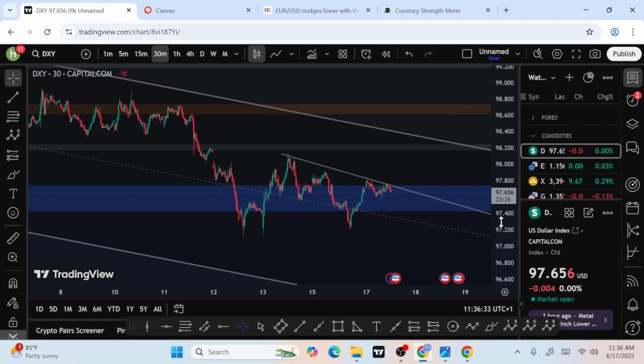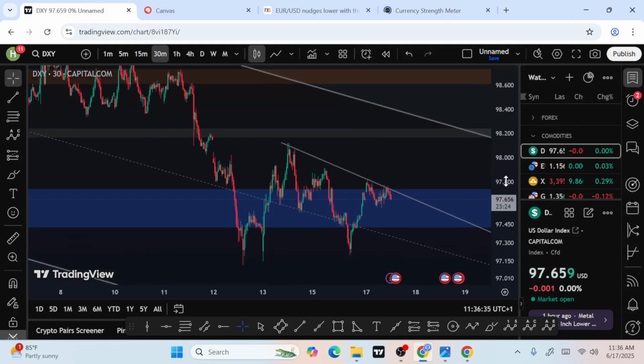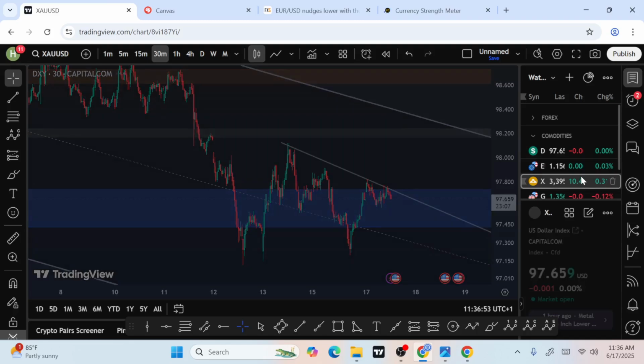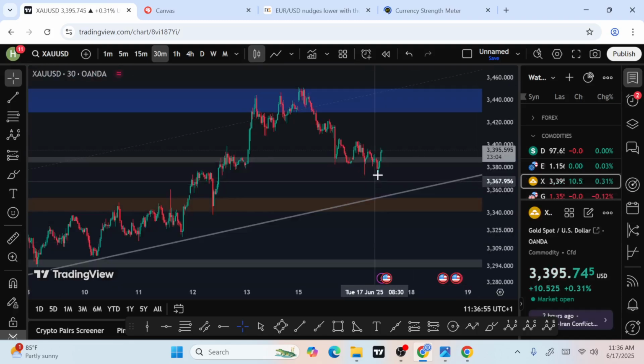What is DXY? Because I trade a pair that is paired with USD, right? I check what DXY is doing. DXY is currently selling. And using my idea of correlative market, you know that if DXY is selling, anything paired against it might probably be buying. Do you understand? So if I want to check XAU now, XAU is buying.